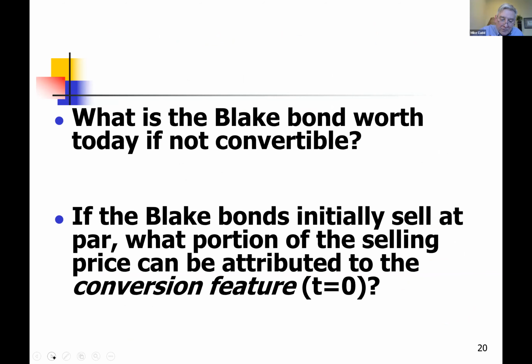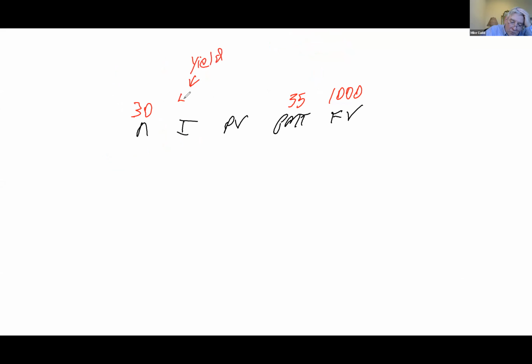In other words, what if they tried to sell these 30-year bonds with an annual coupon payment of $35, 3.5% of 1,000, if they had to yield 4.8%?